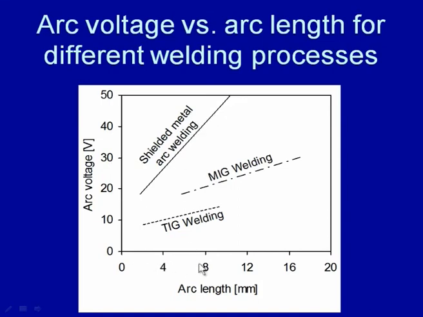Therefore, the increase of the arc length in the shielded metal arc welding process leads to a deficiency of the charged particles in the arc gap, which in turn leads to a significant increase in arc voltage with the increase in arc length. While in case of the TIG welding, due to the easy availability of the charged particles in the arc gap, the increase in arc length does not affect the arc voltage appreciably.